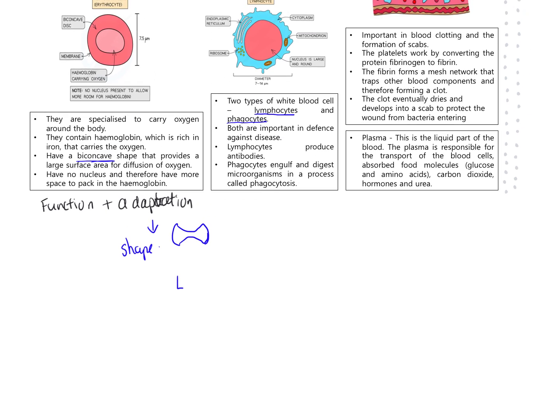If you think of your lymphocytes, okay, I will go into this in more detail when we do our health and disease topic, okay? Your lymphocytes, the whole role of it is to make antibodies, okay? Now, what those antibodies do is they're going to cause the pathogens, which are the bad microorganisms, to clump together.